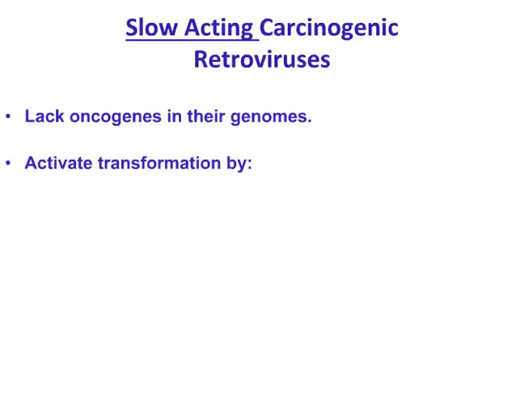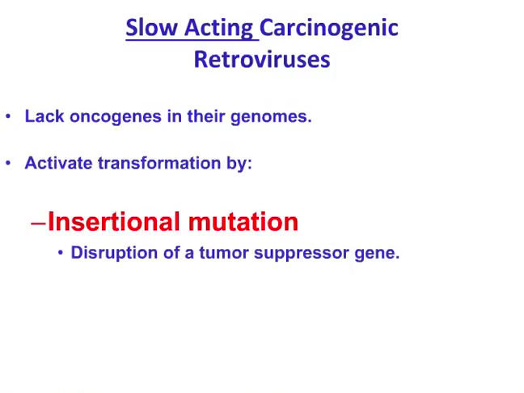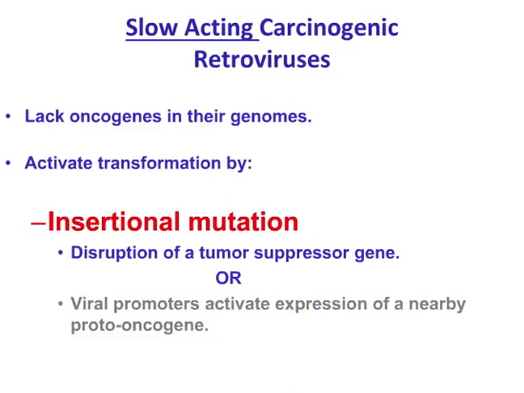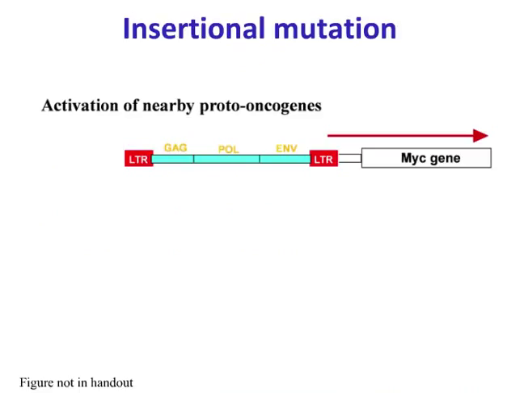They only cause transformation when occasionally they insert and disrupt a tumor-suppressor gene or insert near a proto-oncogene such that the long terminal repeat sequences can activate expression of that nearby proto-oncogene. Thus, whether or not the retrovirus is transforming is determined by where the viral genome inserts into the host genome. Thus, it is referred to as insertional mutation.